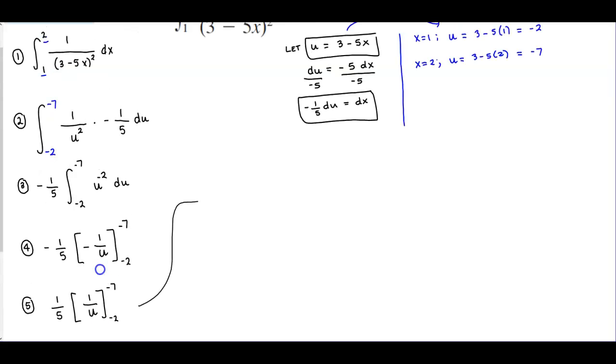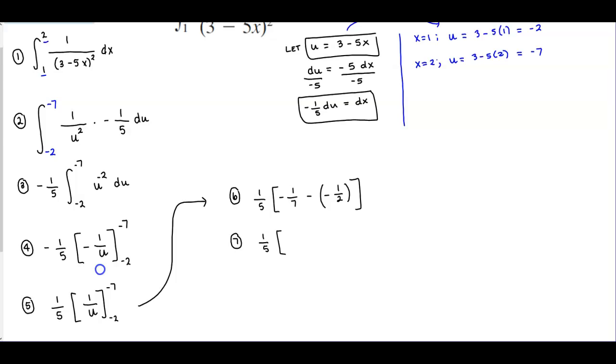Okay, so let's go ahead and continue here. So we have 1/5. Evaluating this becomes negative 1 over 7 minus, this becomes negative 1 over 2. Which then becomes 1/5.